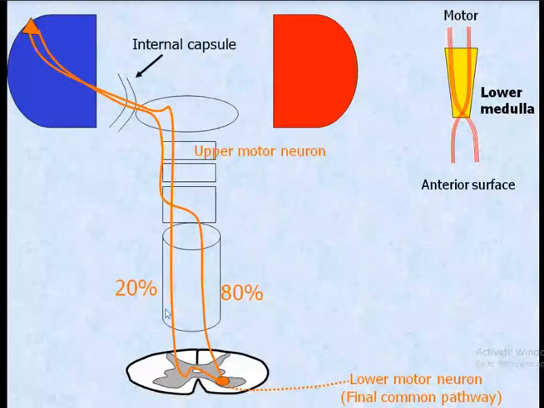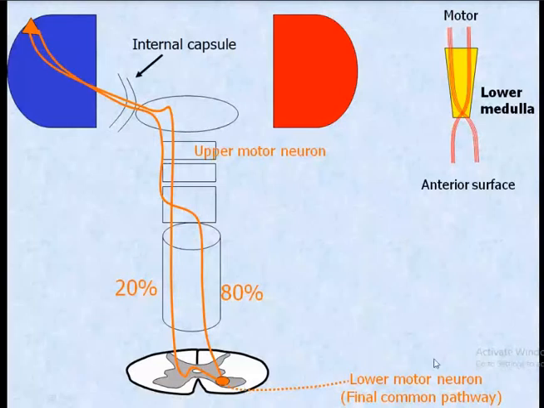Both of these fibers finally have a final common pathway, which begins from the anterior or ventral horn of the gray matter of the spinal cord to relay to the peripheral or target organ. So this is the general concept about the descending pathway.